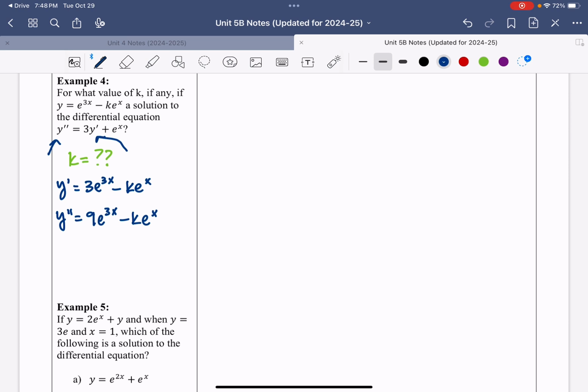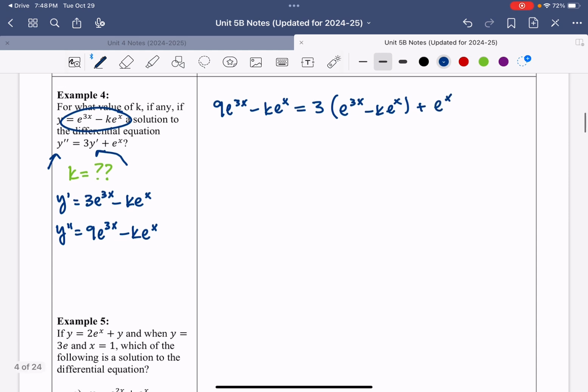So let's go ahead and plug this into our equation. So y double prime is 9e to the 3x minus k e to the x. That'll be equal to 3 times what y is equal to, which is e to the 3x minus k times e to the x, and then plus e to the x.